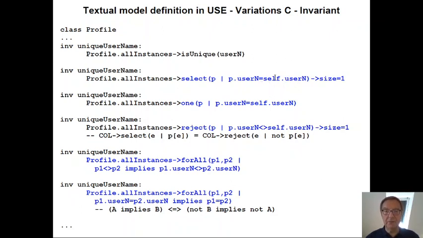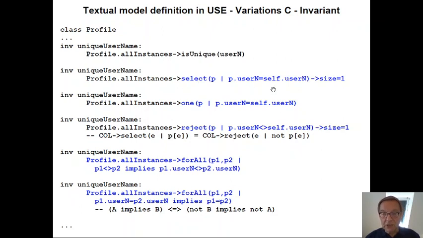This self is a context class. Self is an object of type profile, and please be aware of the fact that this invariant will be evaluated for each single profile object. And when the evaluation is done, the current considered profile object is a self object here.